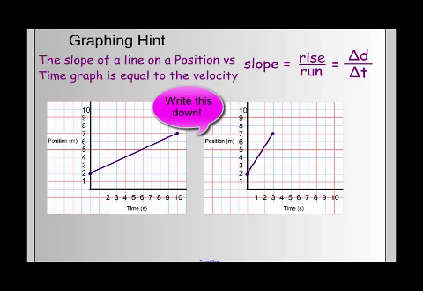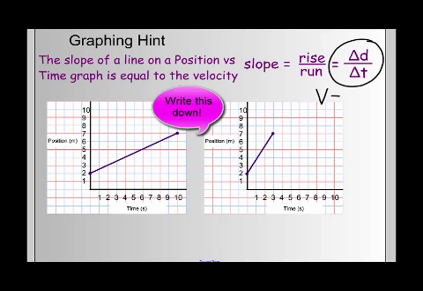When I'm calculating the slope of a graph, I'm not just calculating it for fun. There's a reason. When I'm calculating the slope of a position and time graph, we already said that slope is rise over run. My rise is a change in distance, and my run is a change in time. So if you take a look at this formula here, change in distance over change in time, hopefully that looks familiar to you, because that is the formula for velocity.